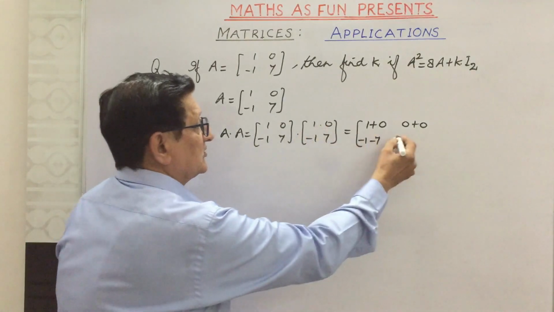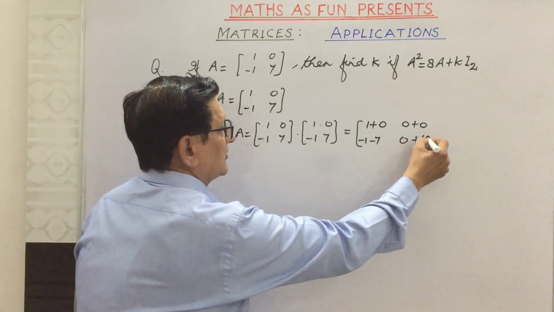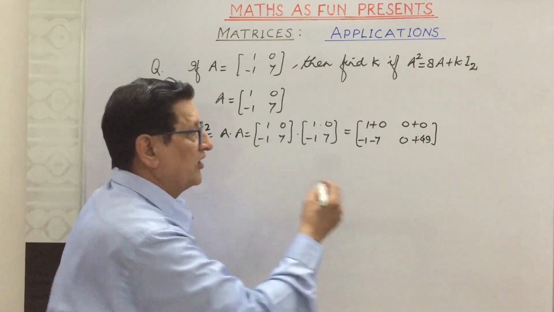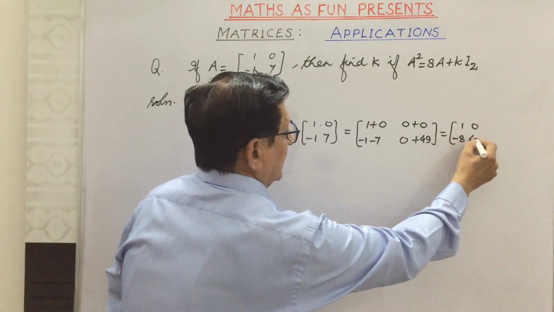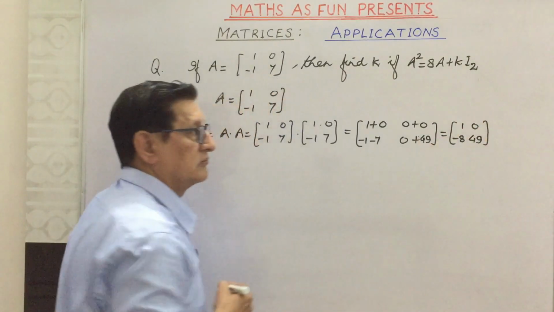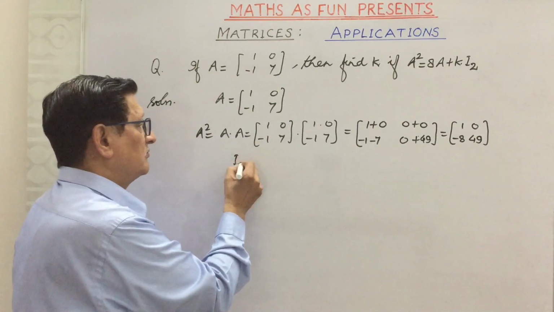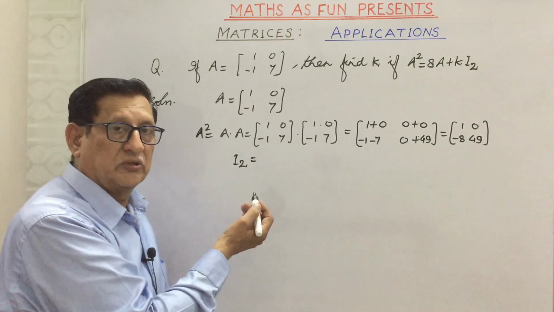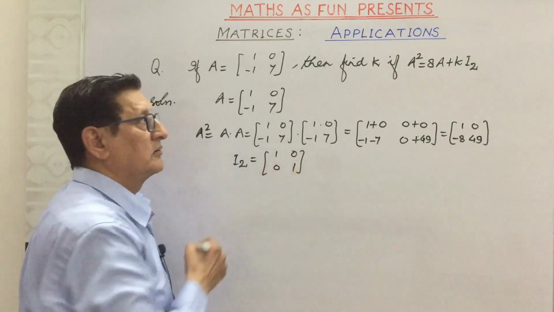This is minus 1 into 0 is 0 and this is 7 into 7 is 49. So we are getting this as 1 0 minus 8 49. Now we know what is I2. That is the unit matrix of order 2 into 2. That is 1 0 0 1.